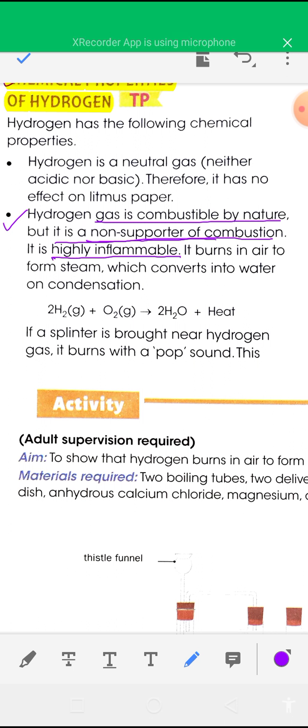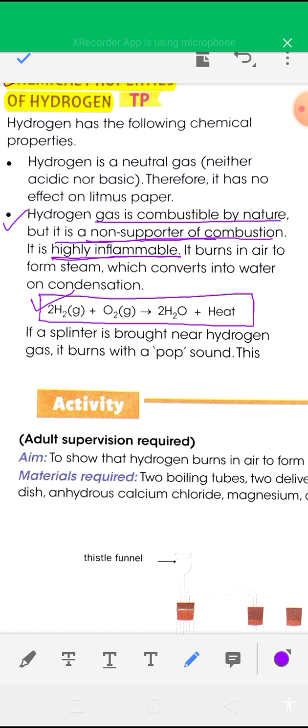It burns in air to form steam, which converts into water on condensation. The reaction between hydrogen and oxygen is a combustion reaction, and it is an exothermic reaction. When hydrogen reacts with oxygen, you get water vapor: 2H2 plus O2 gives 2H2O plus heat.